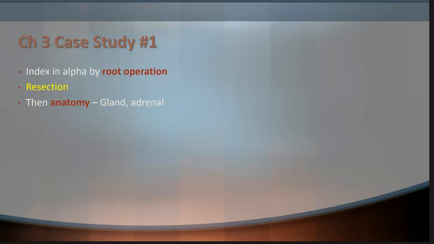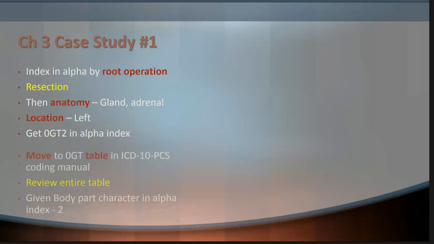So you need to know which side or which adrenal gland was taken, and it was the left. In the alpha index of ICD-10-PCS, you're given 0GT2. And again, that's only 4 characters, so you have to go to the 0GT table to finish your code.